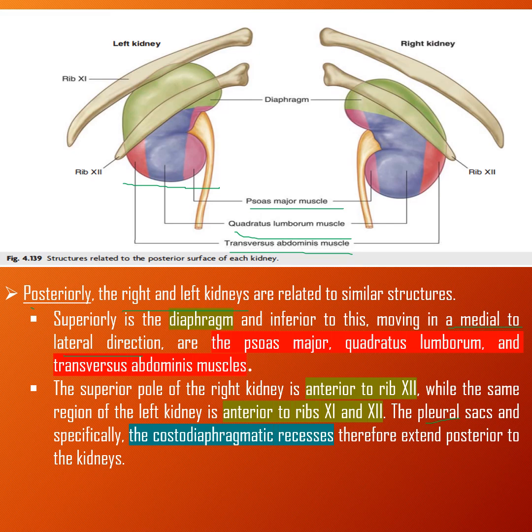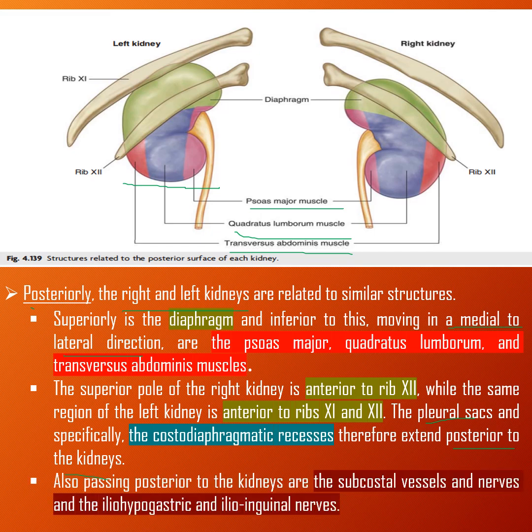The pleural sac, and specifically the costodiaphragmatic recess, therefore extends posterior to the kidneys. Also passing posteriorly to the kidneys are the subcostal vessels and nerves, and the iliohypogastric and ilioinguinal nerves.